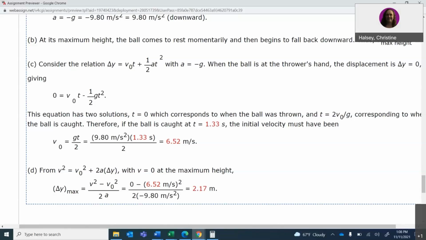If I read it that way, it makes more sense than just looking at the hieroglyphics of it. So we take the initial velocity times the time plus 1/2 times the acceleration times the time squared. We know the acceleration. The change in the y direction total is 0, because it ends up where it starts out.